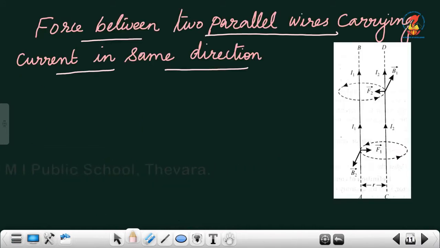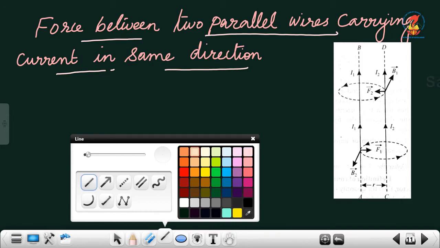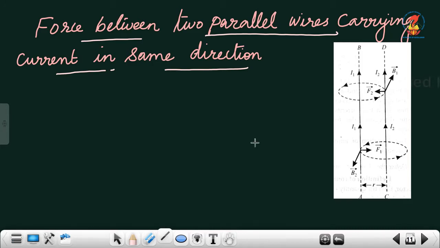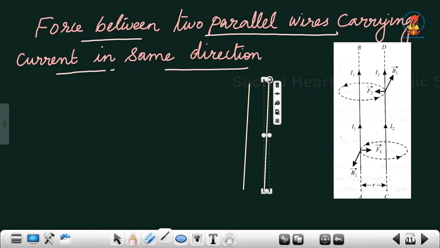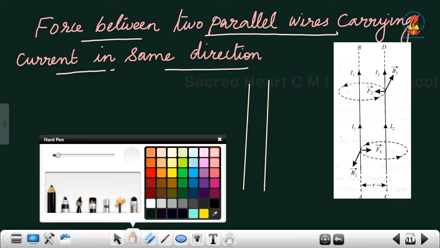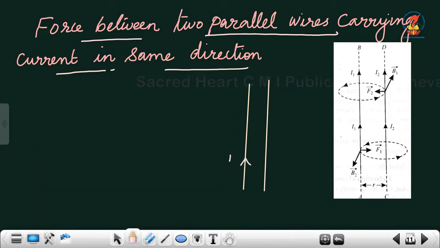Next, we are going to see what is the force between two parallel conductors, or parallel wires, carrying current in the same direction. Imagine I have two wires AB and CD which are placed close to each other, and a current I is flowing through the conductors in the same direction.